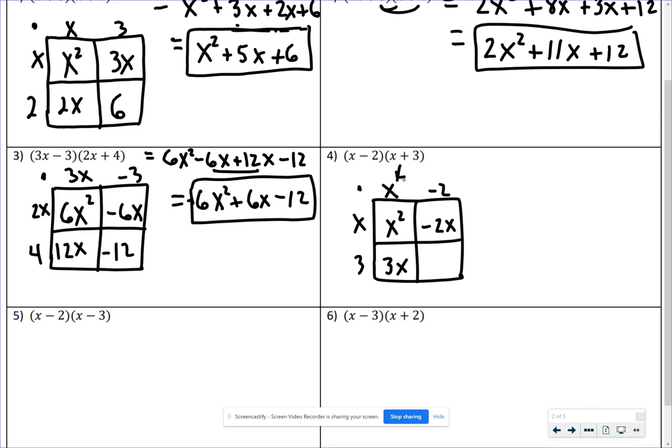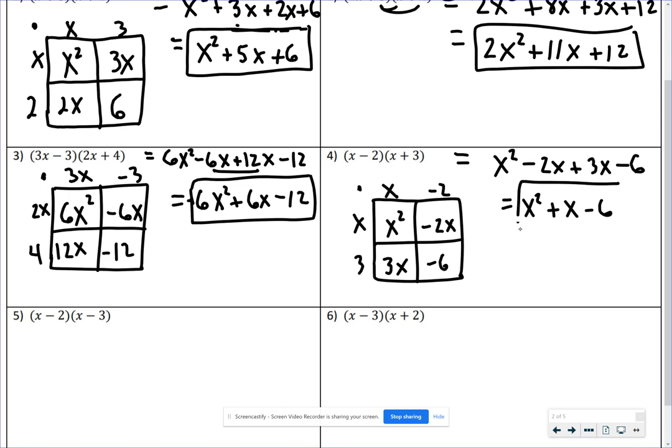It's just a multiplication table. And then negative 2 times 3 goes right here. And what we have is x squared minus 2x plus 3x minus 6. The only ones that are going to combine are the 2 in the middle. Negative 2 plus 3 is positive 1. So we end up with this polynomial.